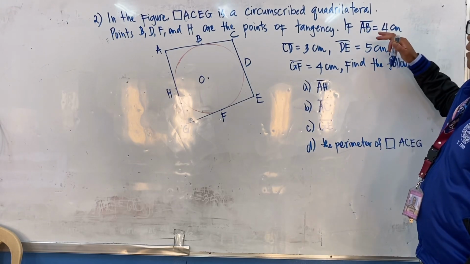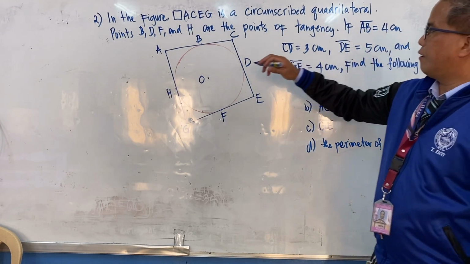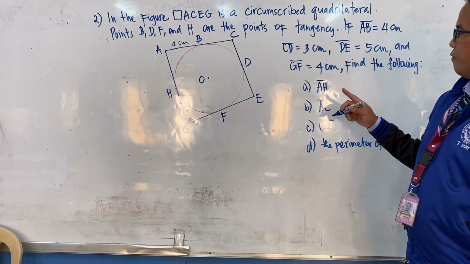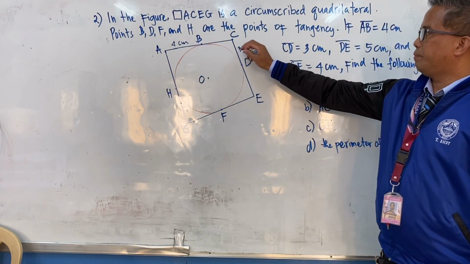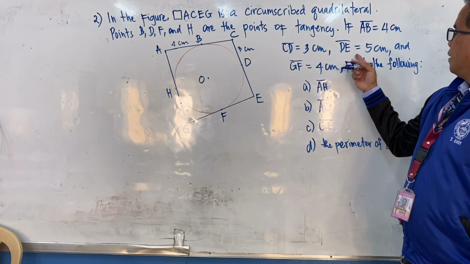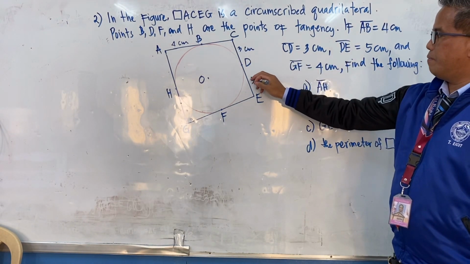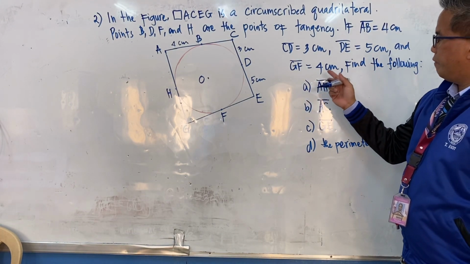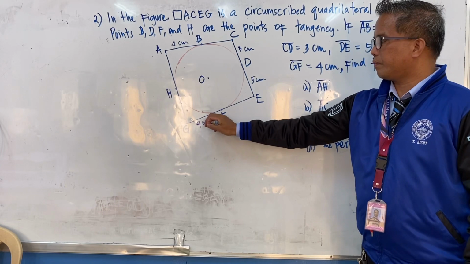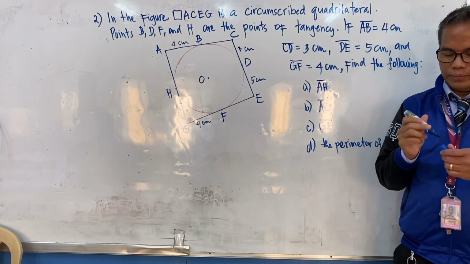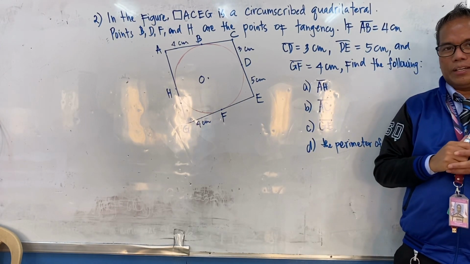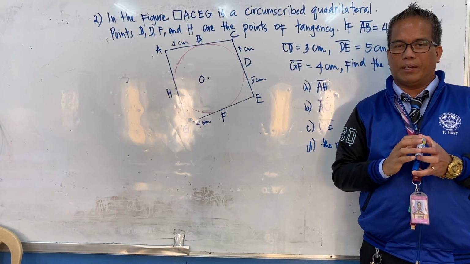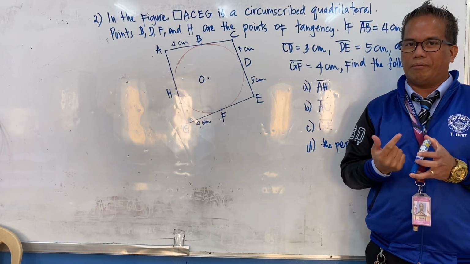Now, let us plot the given. Let's start with segment AB, which equals 4 cm. Another is segment CD, 3 cm. Segment DE, 5 cm. And segment GF, 4 cm. I know you already have an idea or knowledge about the tangent segments theorem.